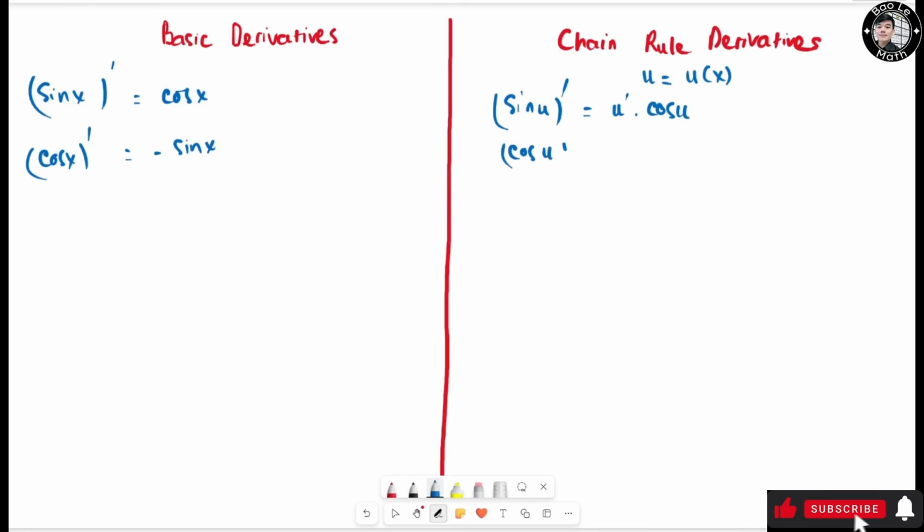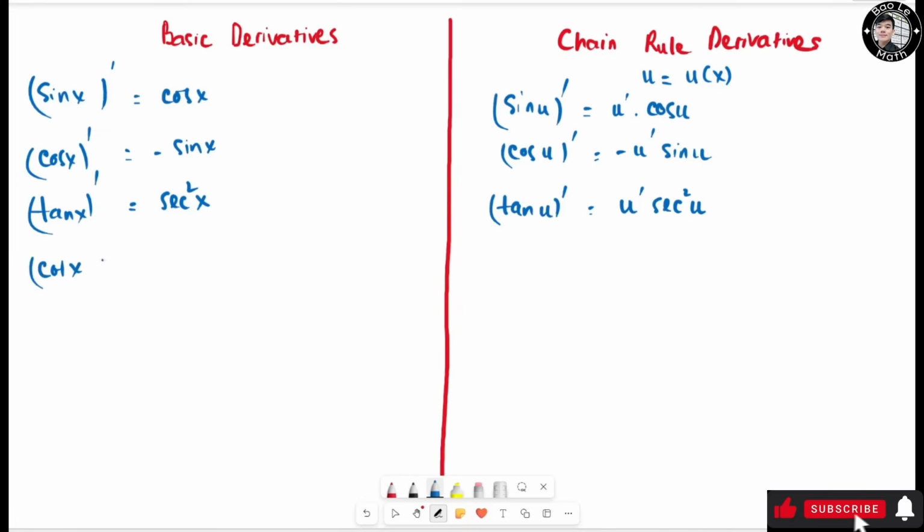The derivative of cosine u is going to be negative u prime times sine u. The derivative of tangent s is going to be secant squared of s. The derivative of tangent u is going to be u prime secant squared of u.